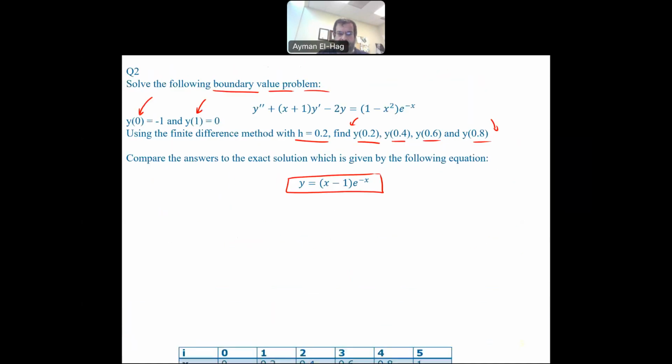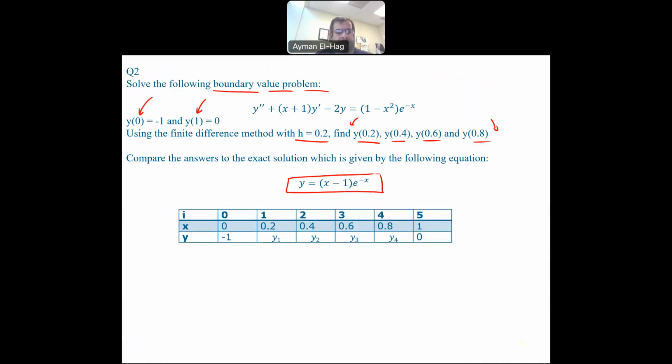So here is basically our i. We start from 0 and end up at 5. So we have basically 6 different values. We know the first one and the last one, and the intermediate ones we don't know. Now your x, this is just a counter, 0, 1, 2, 3, 4, but x starts from 0, which is a known value to us.